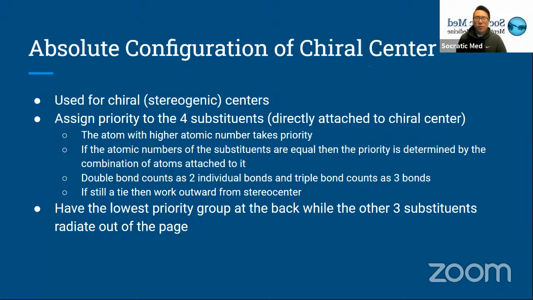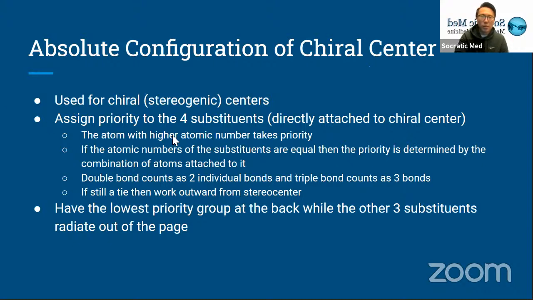To figure out the absolute configuration of a chiral center, you have to assign a priority to the 4 substituents, those are the 4 different groups attached to the chiral center, and you have to do this for all the chiral stereogenic centers.